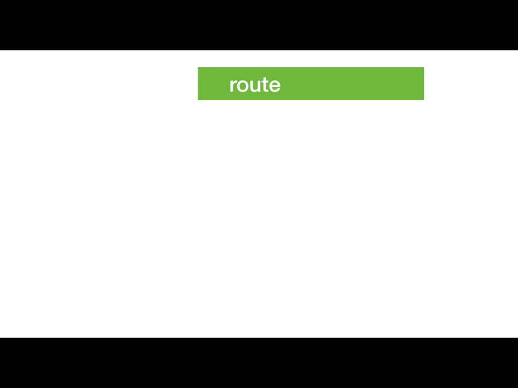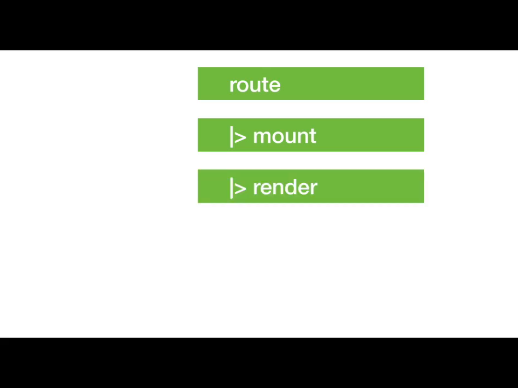Everything's going to come in the standard way to an endpoint through some type of route. And then we're going to call the mount function where we'll establish a little bit of data. And then we'll pipe that same data to a render function, and the render's job is it's a straight function which creates some HTML, and this function is kind of the center of the LiveView universe.